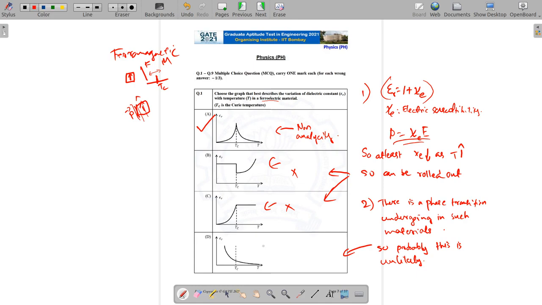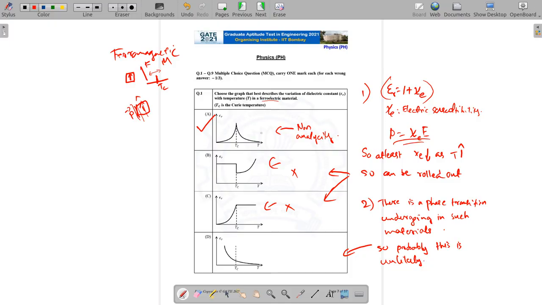If you look at option D, this is not a typical phase transition curve. A phase transition happens when there is a non-analytic kind of behavior in the parameters, so it kind of goes like this. This is usual for a ferromagnetic ferro-to-para kind of transition, and here also there is a phase transition happening.